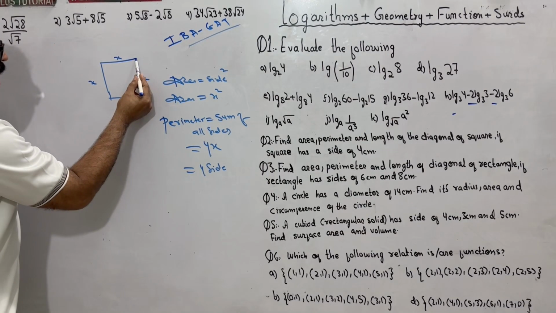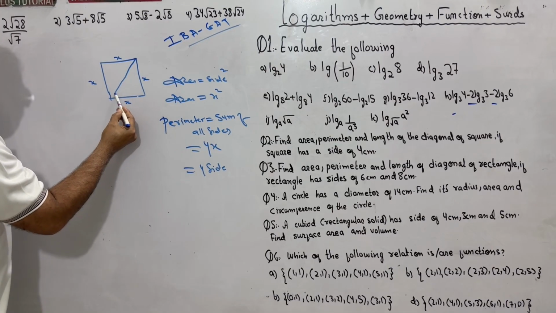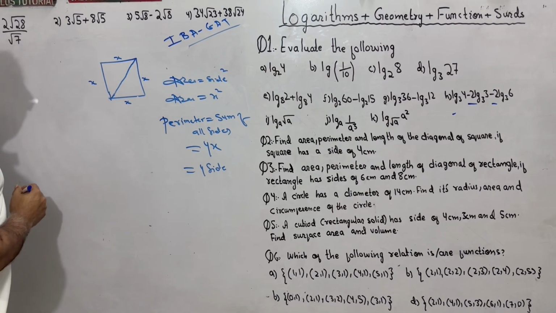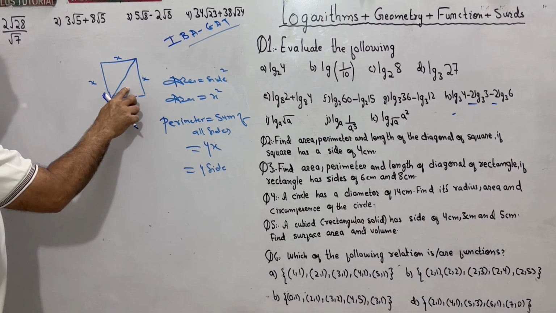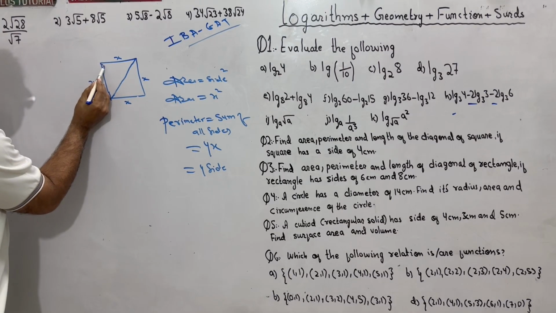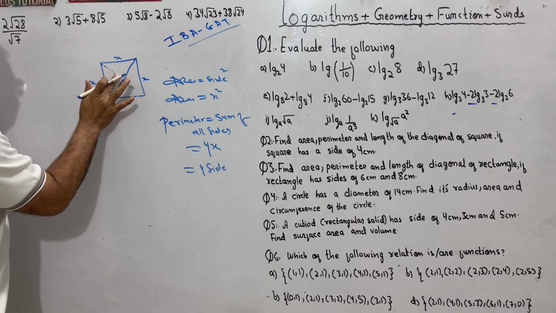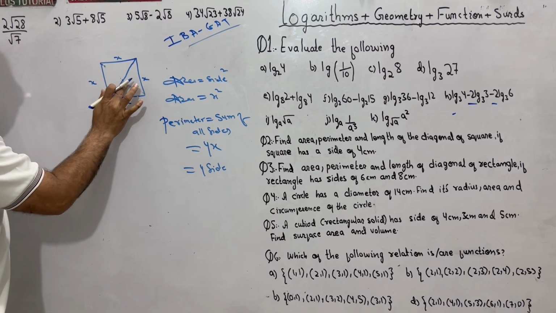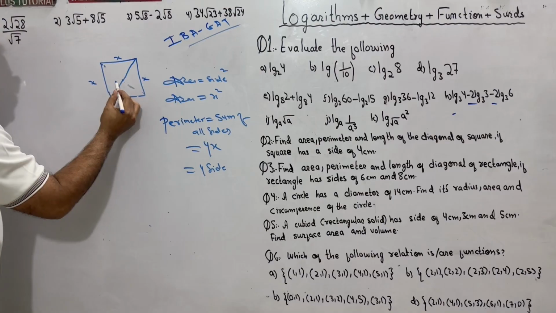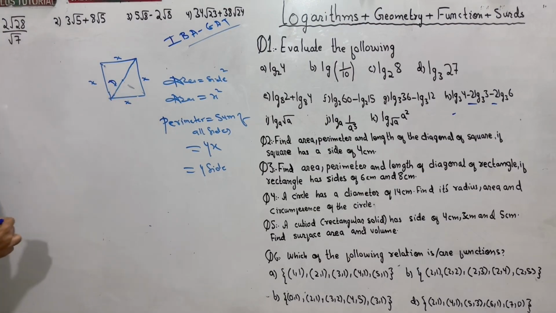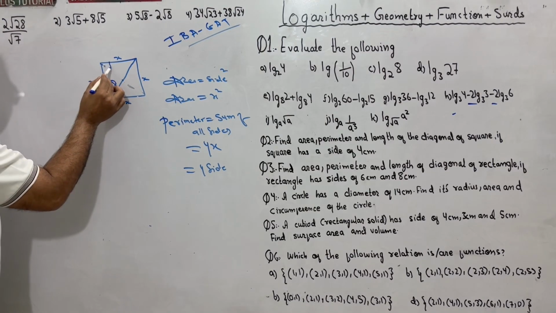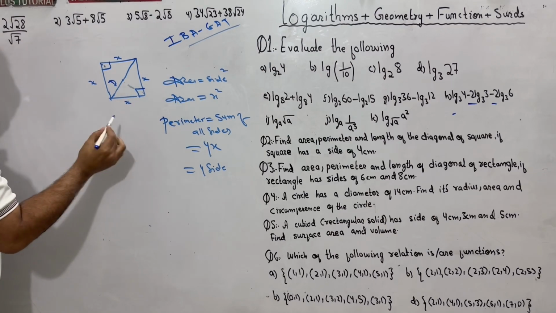This line that splits the square into two equal triangles is known as the diagonal. Whichever way you draw this line, it's okay, they are both equal in length. Now look at this. This is our diagonal. Each angle is 90 degrees.